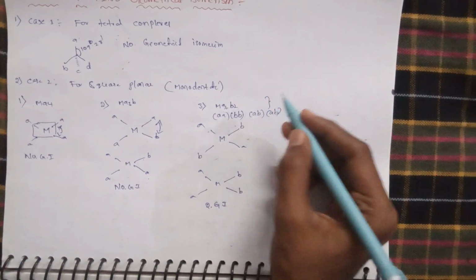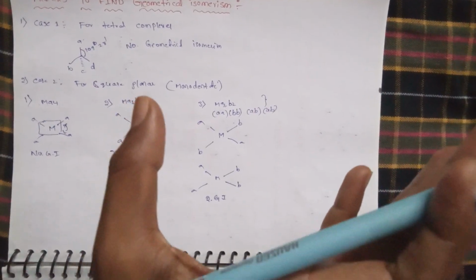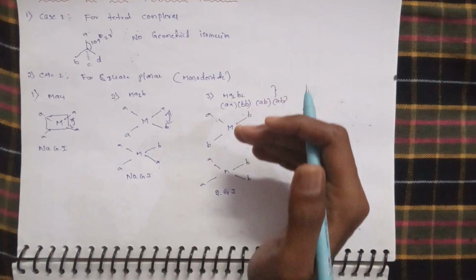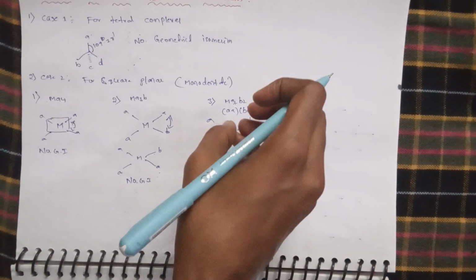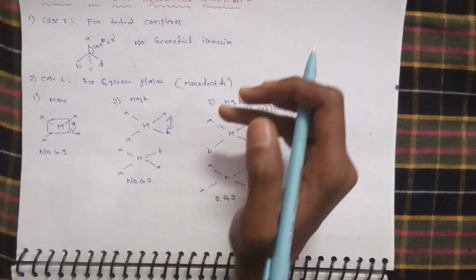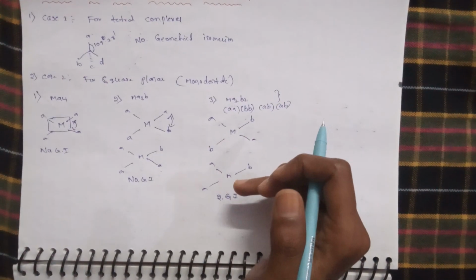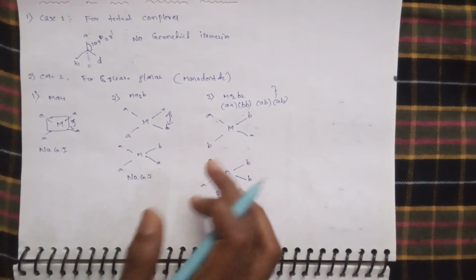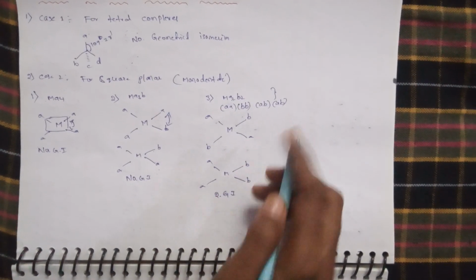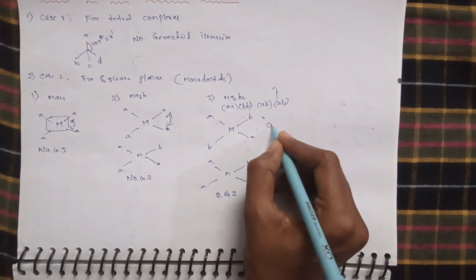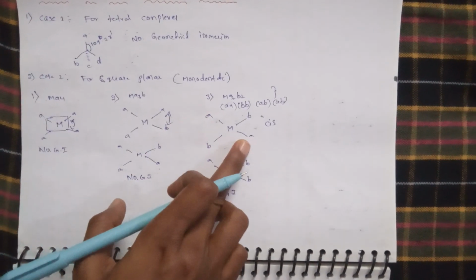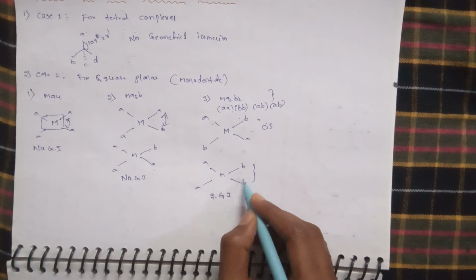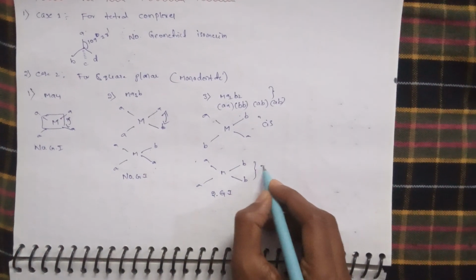This is the trick. When a compound is given, you have to calculate how many sets are possible. The number of sets is the number of geometrical isomers. We write the complexes like this and observe A perpendicular to B. This is the cis, where A is opposite to A and B is opposite to B. In the second one, B is on the same side and A is on the same side, so this is the trans.